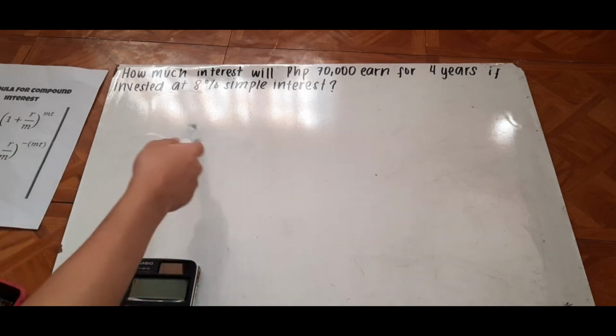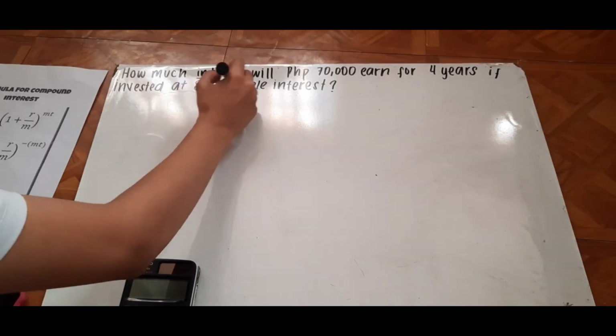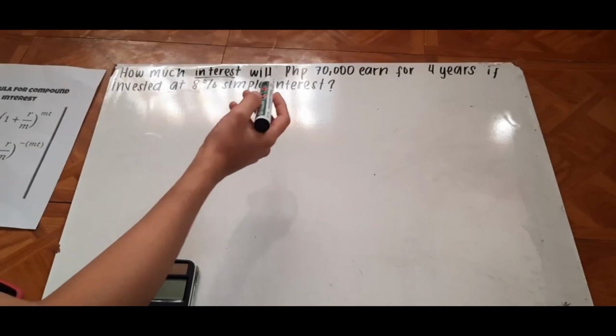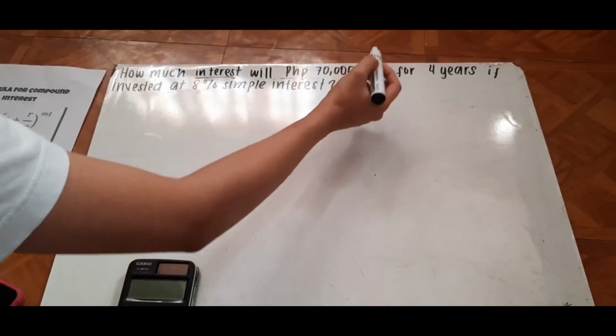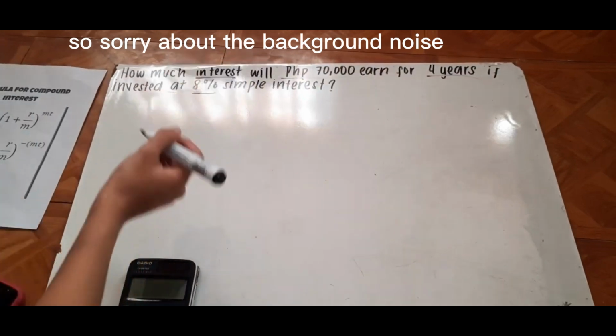So first, understand the given. How much interest will 70,000 pesos earn for 4 years if invested at 8% simple interest? So we're looking for the interest and identify all the givens. 70,000 is the principal, 4 years is the time, and 8% is the rate.